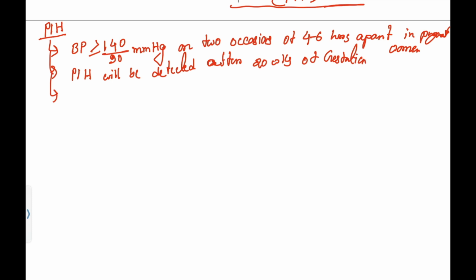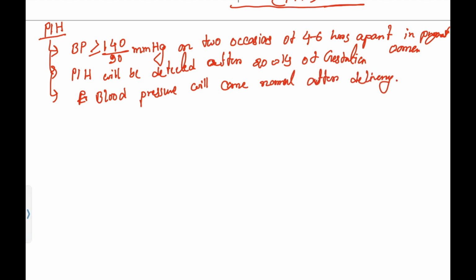And what other feature will there be? The blood pressure will come back to normal after delivery. Okay, so the meaning is that pregnancy induced hypertension means the mother was normotensive before, that means normal BP.